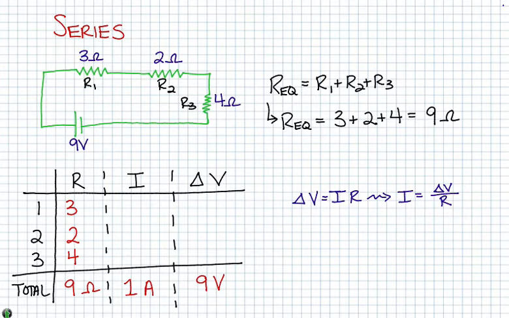Now it's important to know that since I have 1 amp here, that means the current leaving the battery is 1 amp. It has no other way to go except through this path. So through every point within this circuit, it's going to have 1 amp of current. We don't have any other paths. The current will only split when you hit a junction, a location where 2 wires split off or branch off into 2 or more paths.